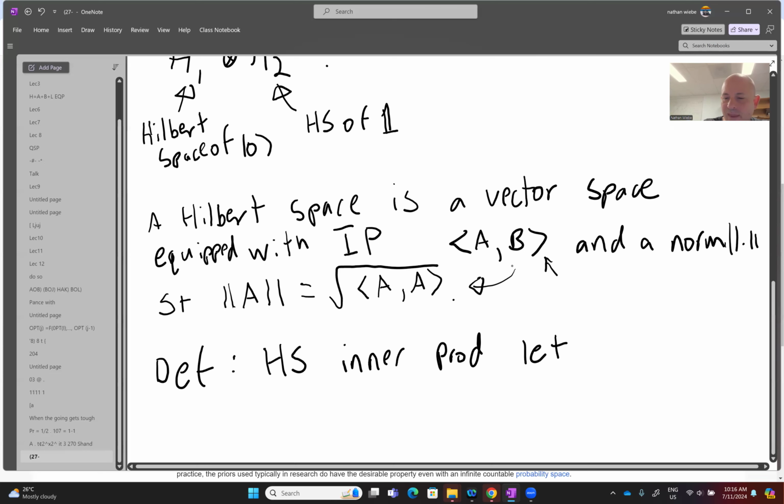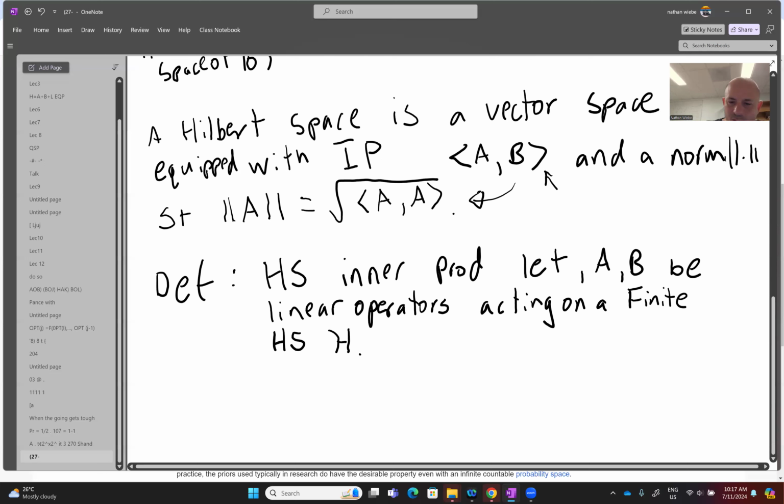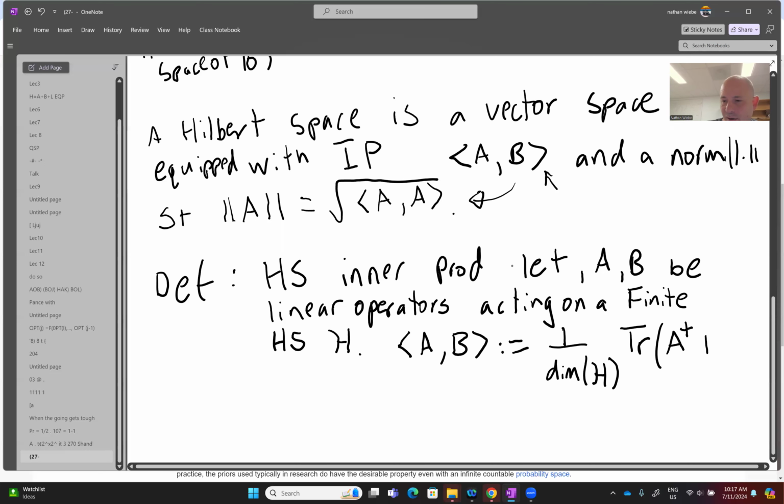So let A, B be linear operators acting on a finite dimensional Hilbert space, call it H. Then we define the inner product between A and B to be equal to 1 over the dimension of the Hilbert space times the trace of A dagger B.